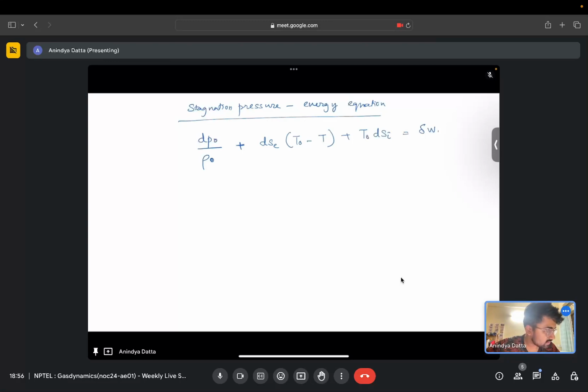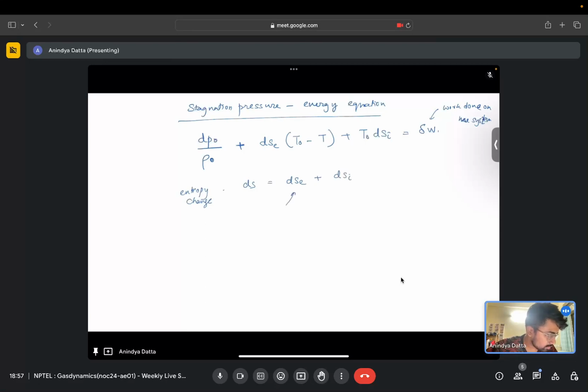so this is work done on the system. This is the notation used here, dq. And my ds, the entropy change, is equal to dsq plus dsi.